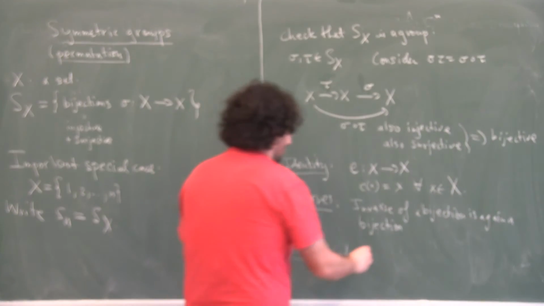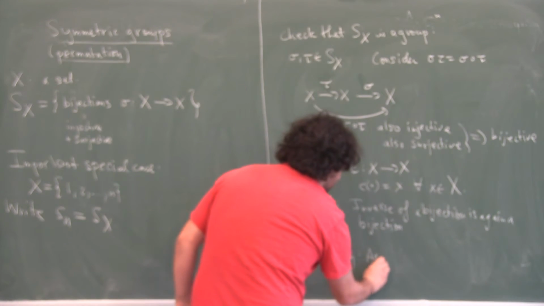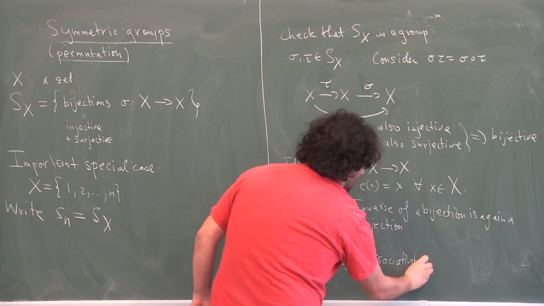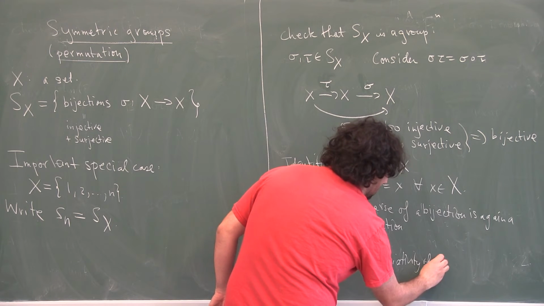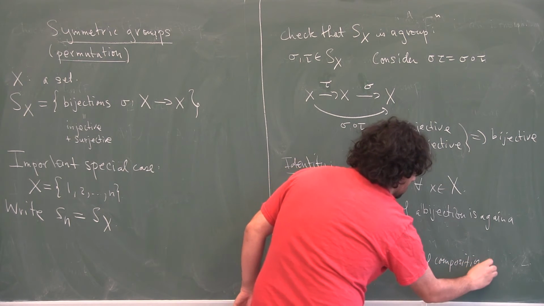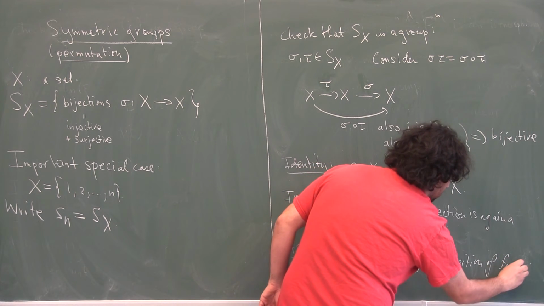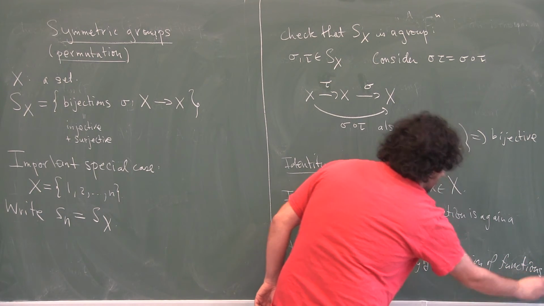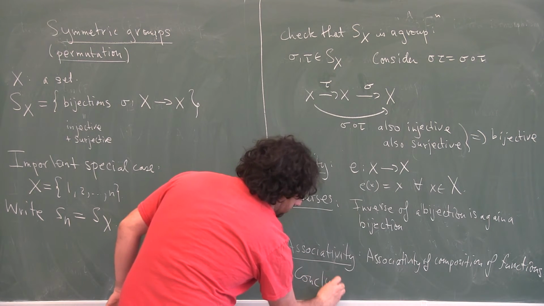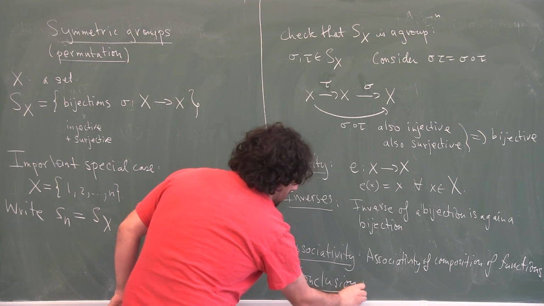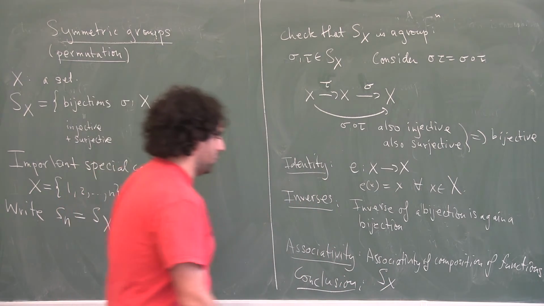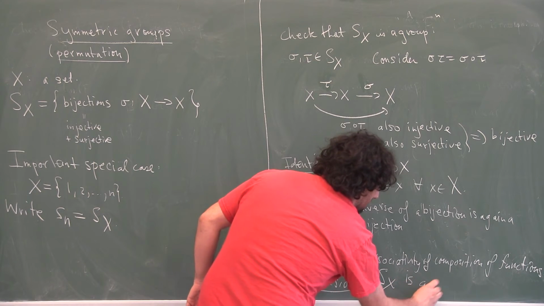It's just associativity of composition of functions. Okay, so the conclusion is that indeed S_X, the symmetric group on X, is a group.